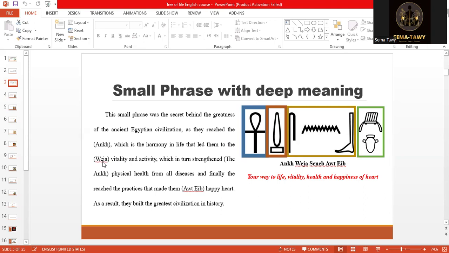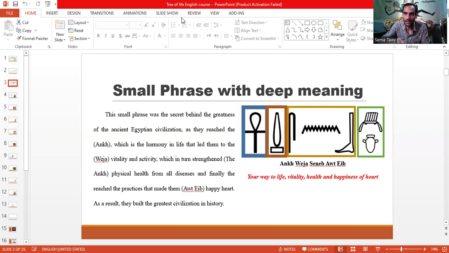So if you live your life in harmony, you will be able to reach Wija. Wija is physical health, health from all disease.